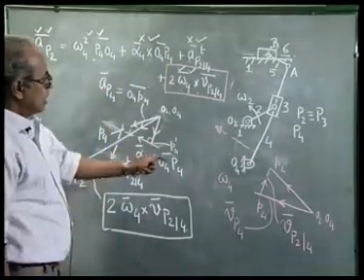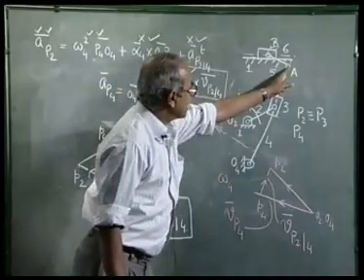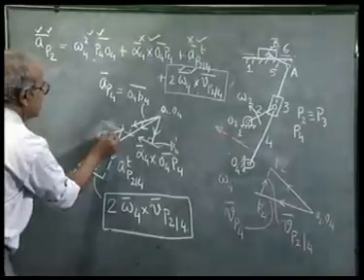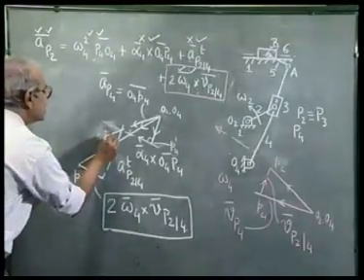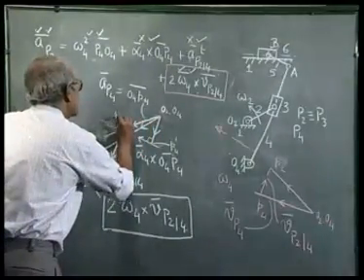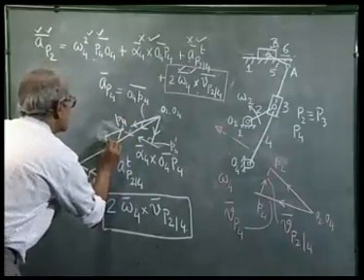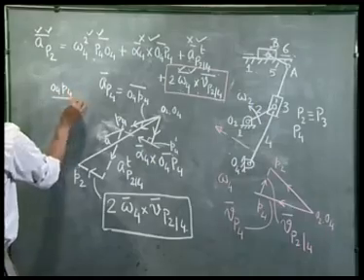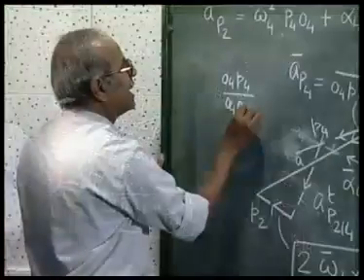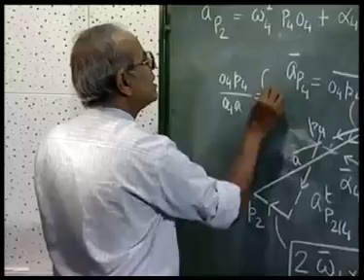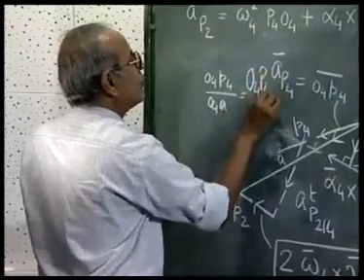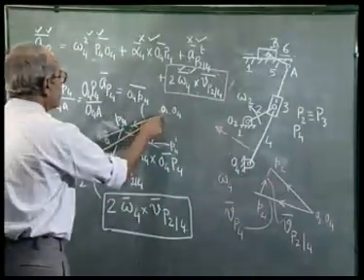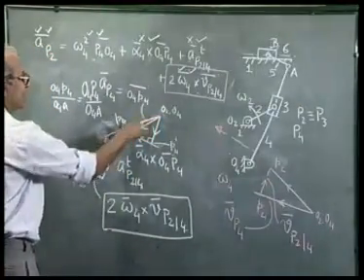Once we know P4, using the concept of image, I can easily get to the point A, as explained earlier, such that O4P4 by O4A is the same ratio, and O4, P4, A lie on the same straight line.